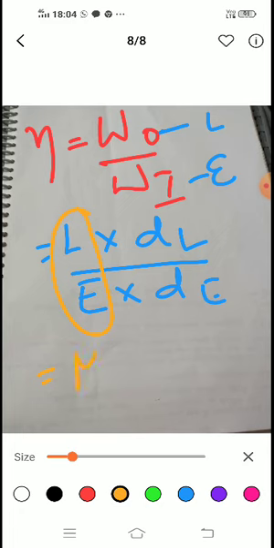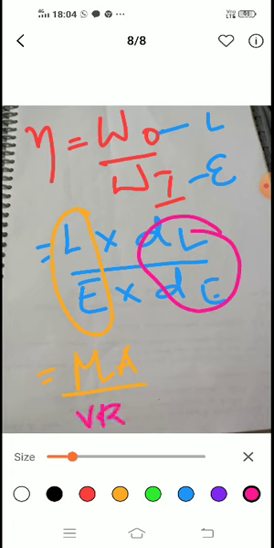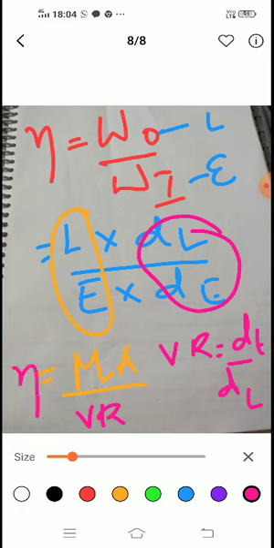L by E is mechanical advantage. Now look at dL by dE: it is nothing but 1 by velocity ratio, the inverse of velocity ratio, because velocity ratio formula is dE by dL. Since it is inverse, velocity ratio will go down. Therefore you obtain a relation between eta, that is efficiency, mechanical advantage, and velocity ratio.